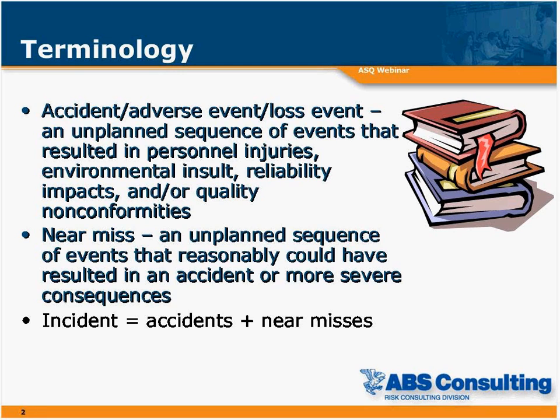The second is a near miss. This is an unplanned sequence of events that could reasonably have resulted in an accident or severe consequences. Our third term is incident, which is a combination of accidents and near misses. To sum up this slide, an incident is an unplanned sequence of actions and conditions that results or could have resulted in consequence for a system stakeholder.